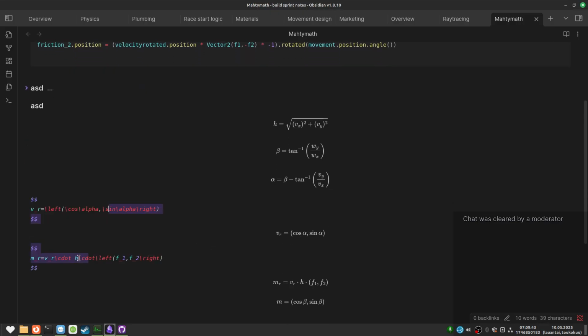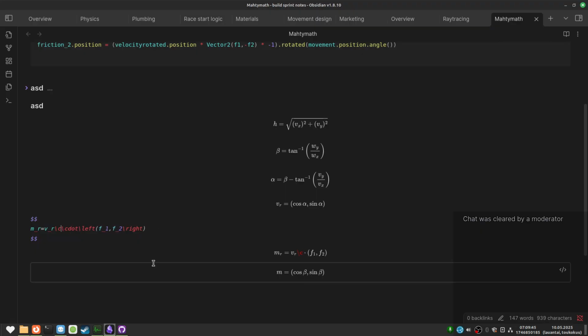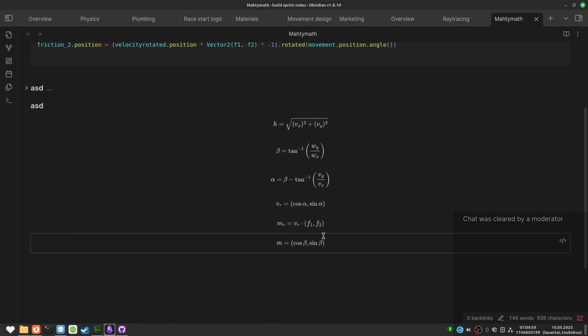We don't need this here. It's just going to scale the vector up or down. These are the things that are going to scale as relative. Yeah, because the length of the vector doesn't matter for the angle. It doesn't affect the angle. So we don't care about that there. So now you have the movement rotated. And we want to get the angle of that. That's what we want to do.